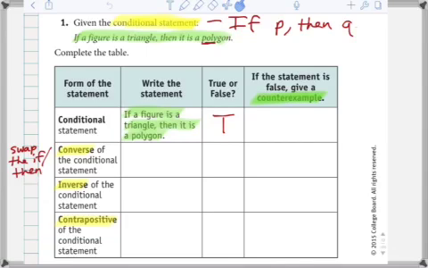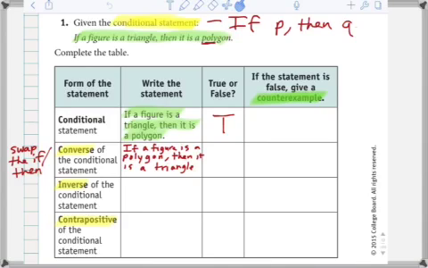So the statement becomes: if a figure is a polygon, then it is a triangle. We just take the if part and swap it for the then. The converse is a very important idea.